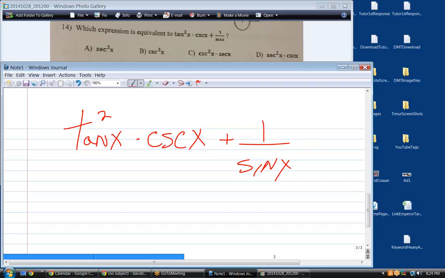Let's turn everything into, let's see, if we look at our answers, is there an E or is it just A through D? A through D. Okay. Well, the way I'd go about it is to turn everything into sines and cosines and see what happens.